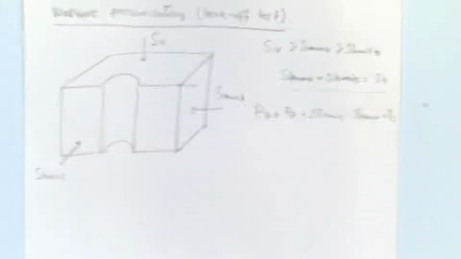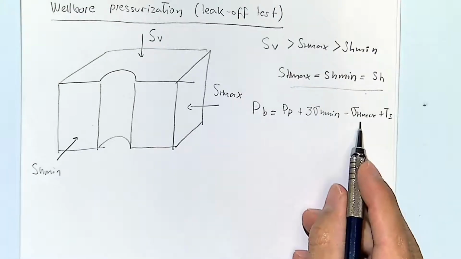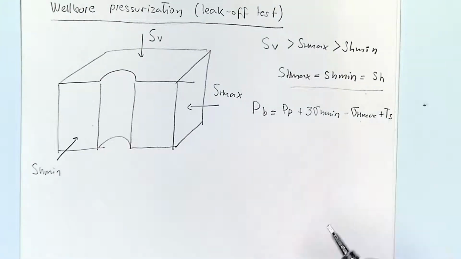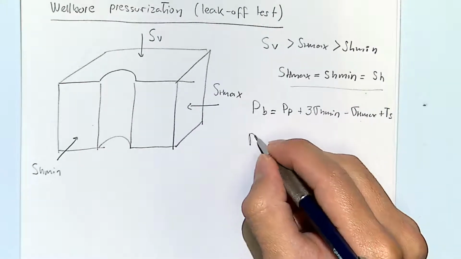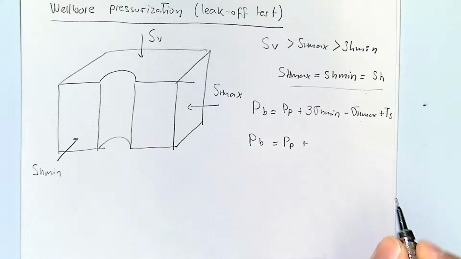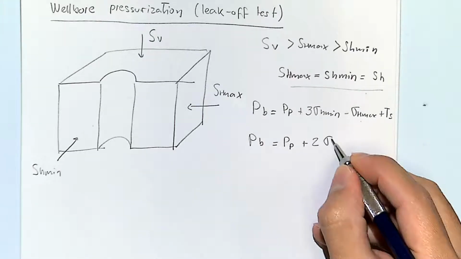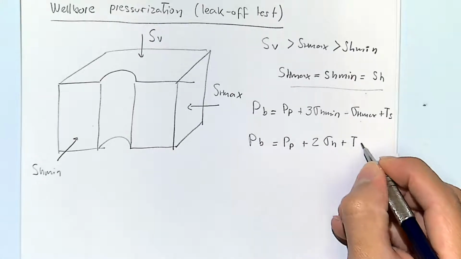All right, so let's say now that if these two are the same, because the total stresses are the same, then PB is going to be PP plus, this is going to be 3 minus 1, it's just going to be 2, sigma H plus TS.